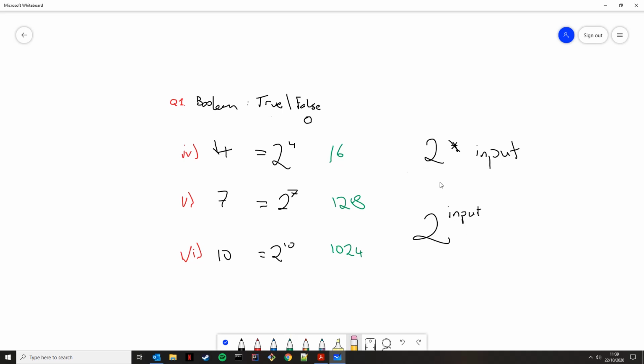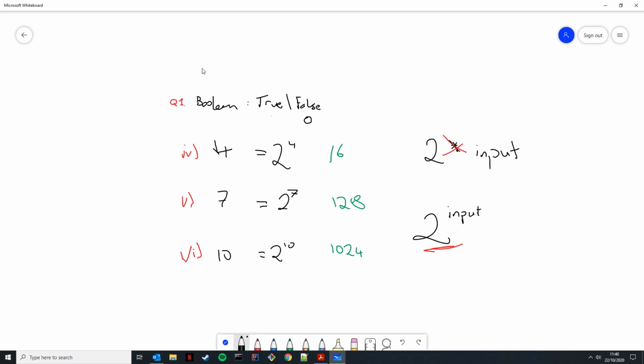All you really have to remember for this question 1 is when you're dealing with a Boolean variable, it's going to be 2 to the power of the number of inputs. So this is, and not multiply number of inputs.